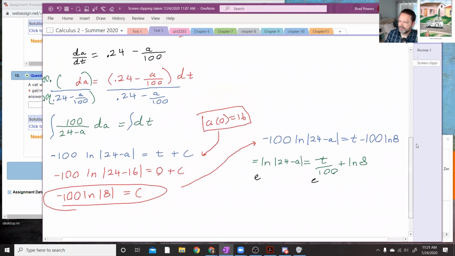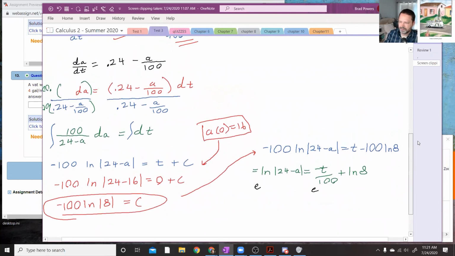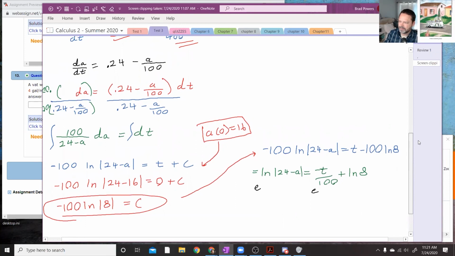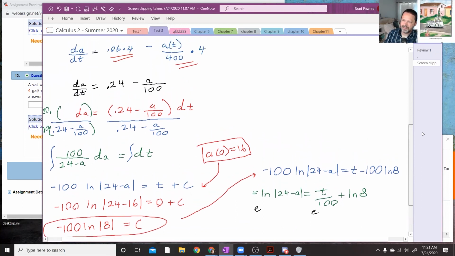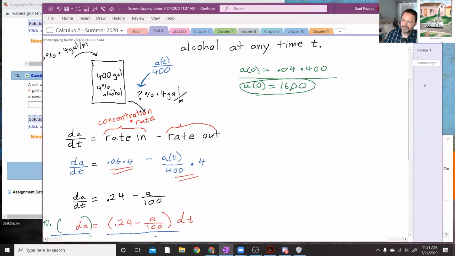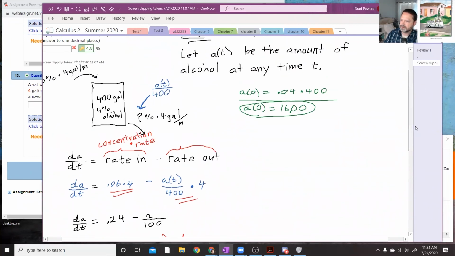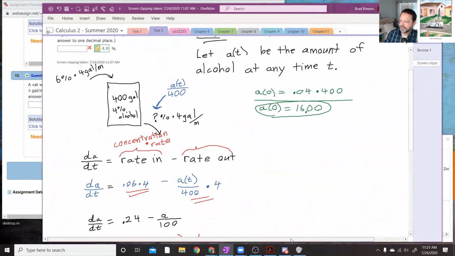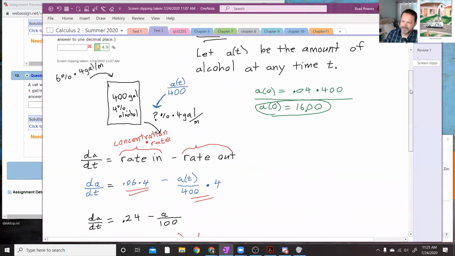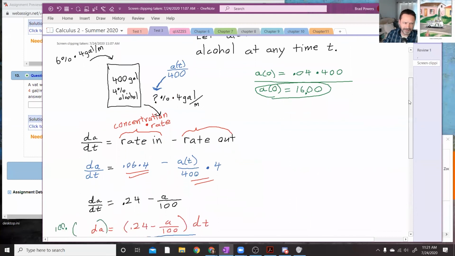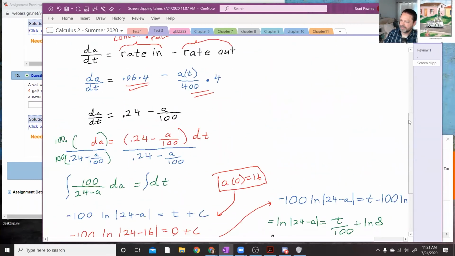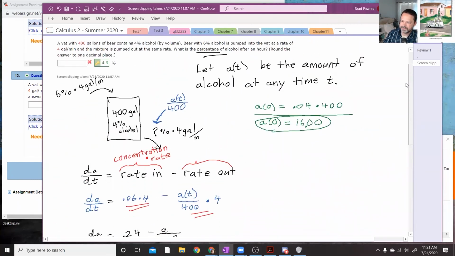Do we still need the absolute values there? A is the amount of alcohol at any time. Is it ever going to be negative? I don't think so. It couldn't be negative, right? And is it going to be more than 24?